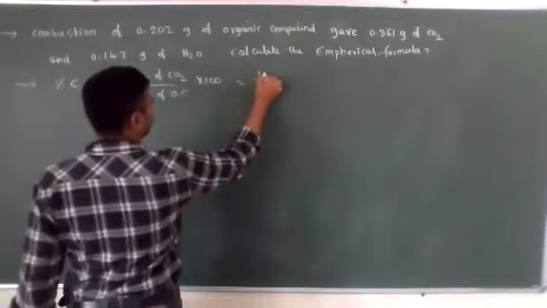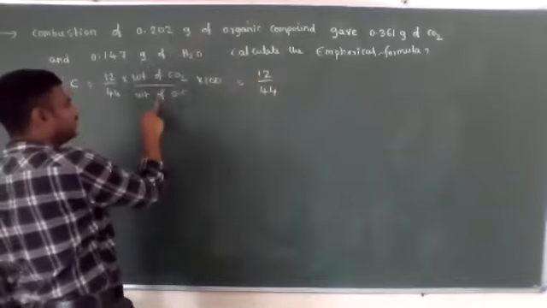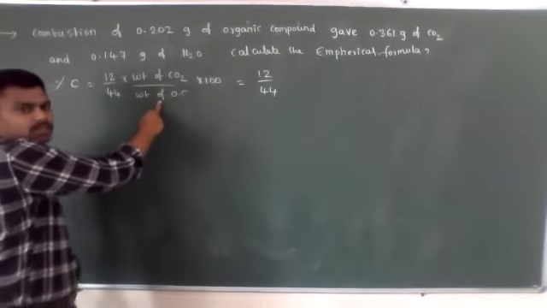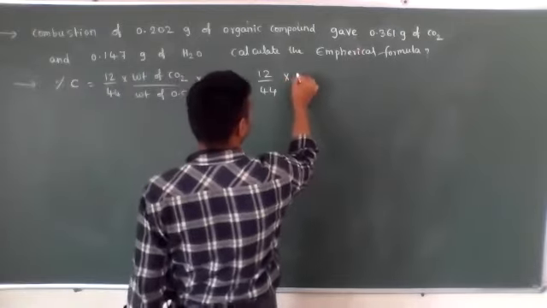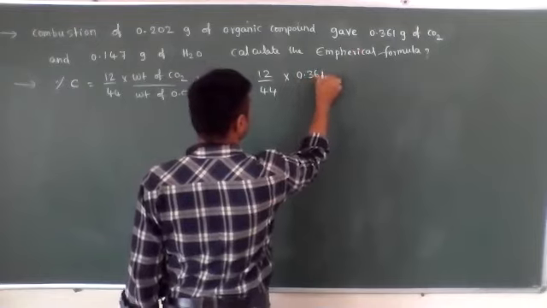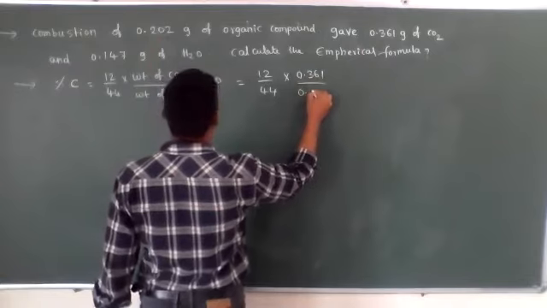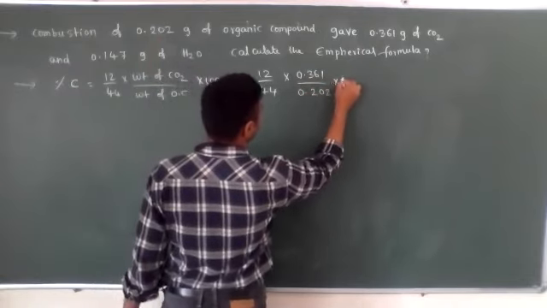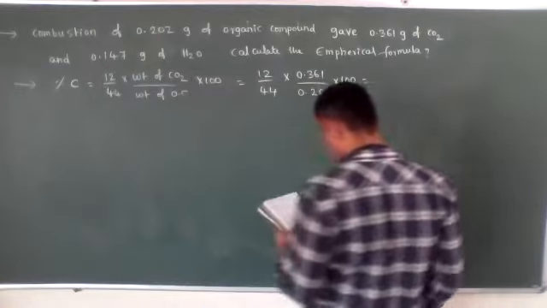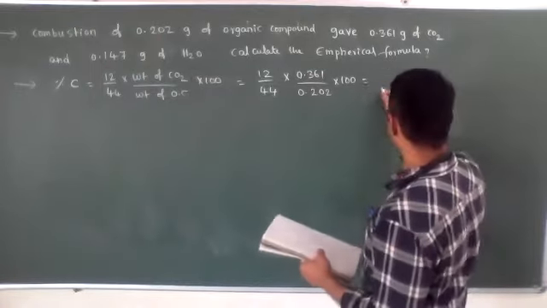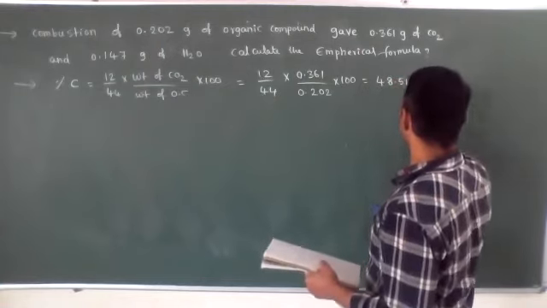The weight of CO2 they already gave in the question, and the weight of organic compound also they will give in the question. So 0.361 by 0.202 into 100. If you simplify that, you will get the percentage of carbon equal to 48.51 percent.